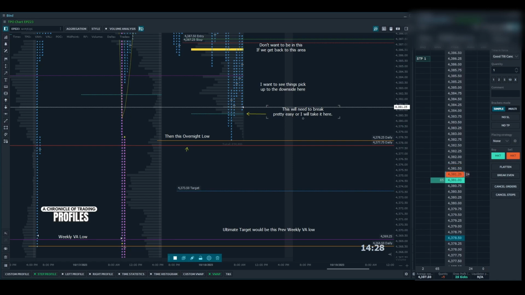I'm trying to decide here if I want to pull that stop down and protect the profit or just take it here. I'm pretty much giving up on any type of rotation back up because I don't think it'll make it. So it's just how I want to handle getting out of this trade.